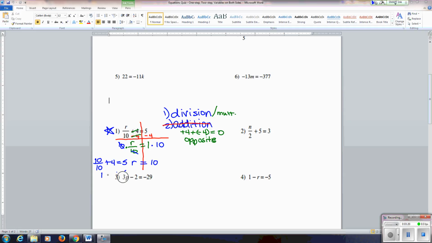Okay, the first step we see that's happening to our variable is they're multiplying by 3. Then they are subtracting, or actually there's a negative 2, so subtracting 2.